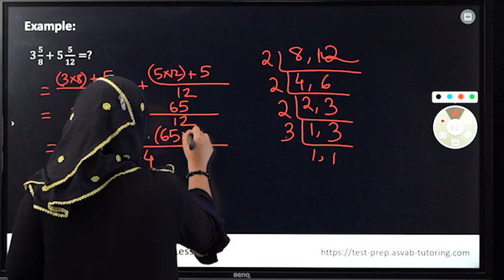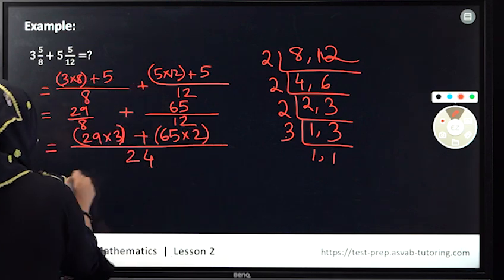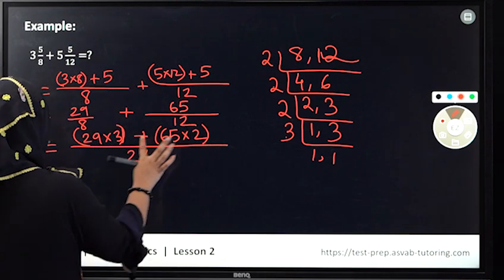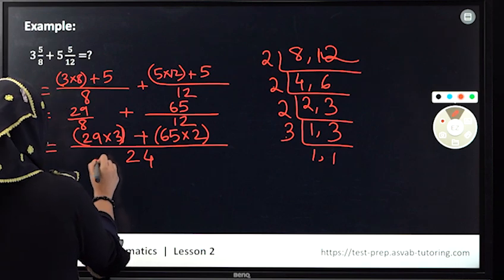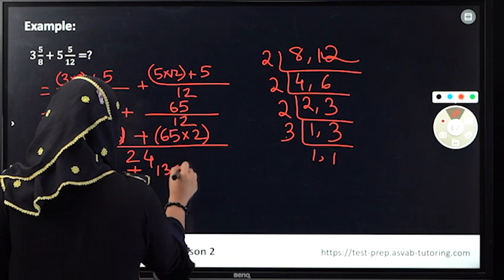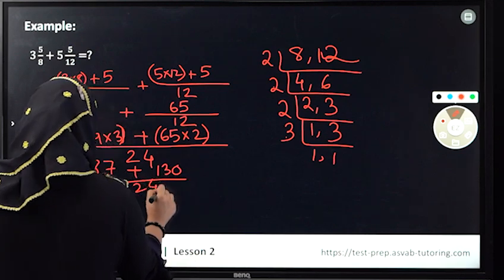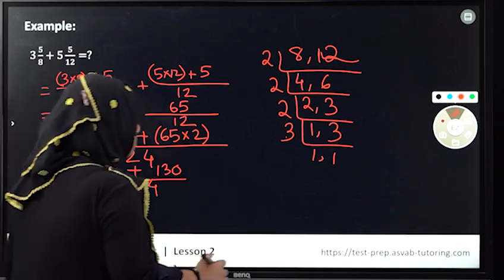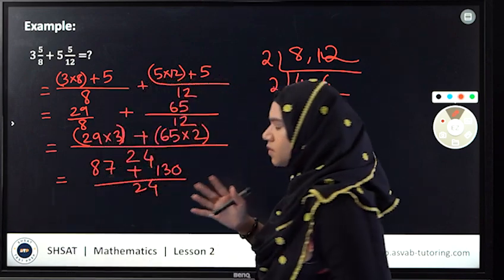That's 65 times 2. And then if you do these multiplications, it's going to be 87 plus, if you do these, it's going to be 130 over 24. And that's basically option number 1 that you can do.